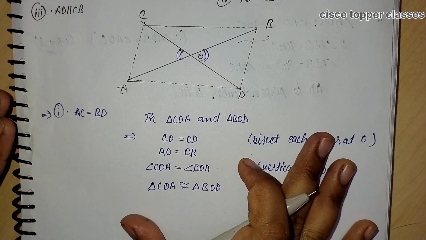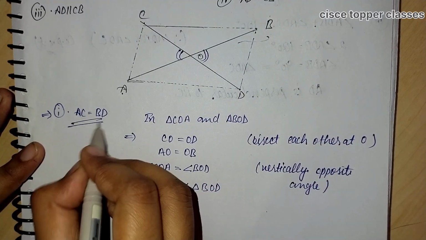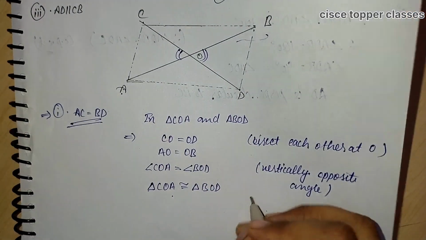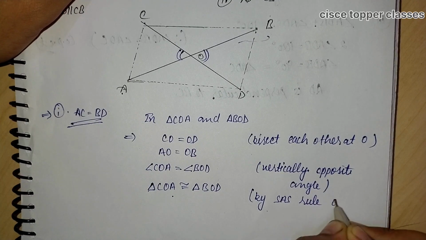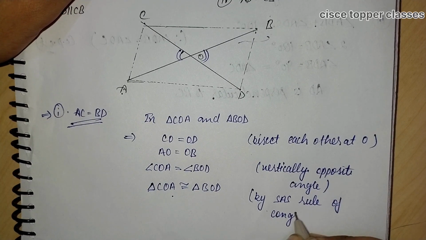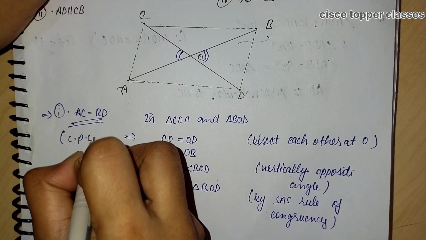By proving this, we can write AC is equal to BD. So hence this is proved from this congruency, which is because of the SAS rule of congruency. So by CPCT, we can simply prove that AC is equal to BD.